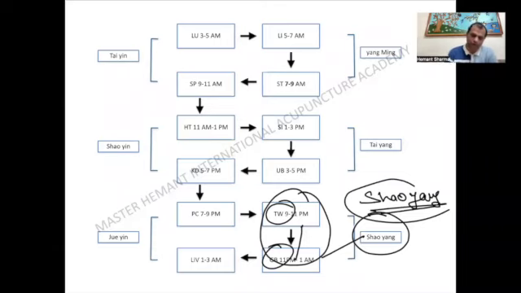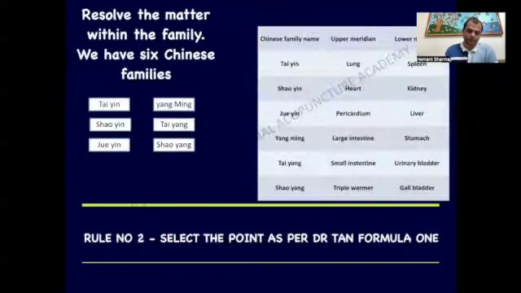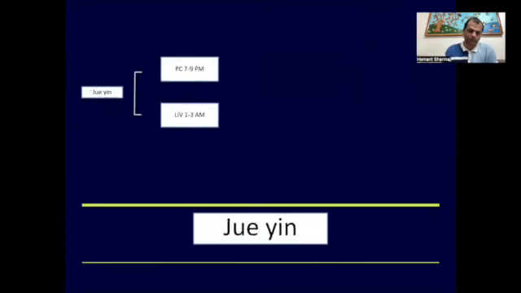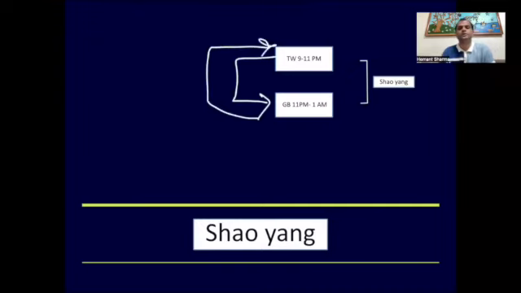Okay, wonderful. Now we find who will treat. Triple Warmer will treat. So triple Warmer is going to treat. The problem in the triple Warmer will be treated by the gallbladder. The problem in the gallbladder will be treated by the triple Warmer. So who is ill?